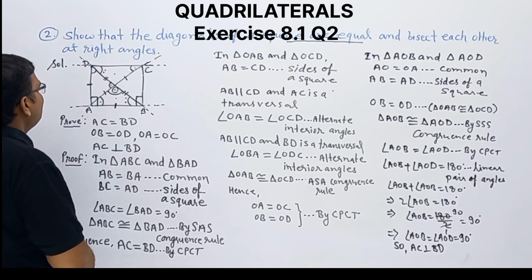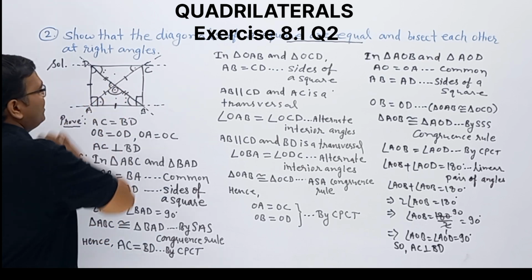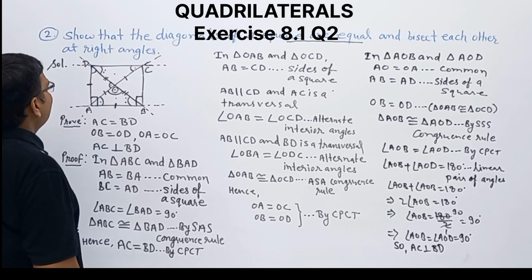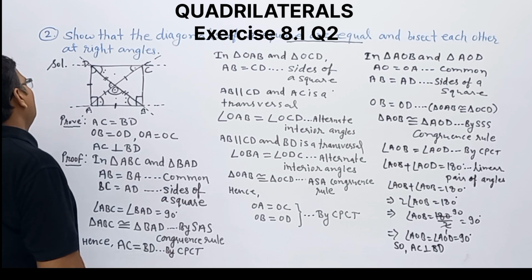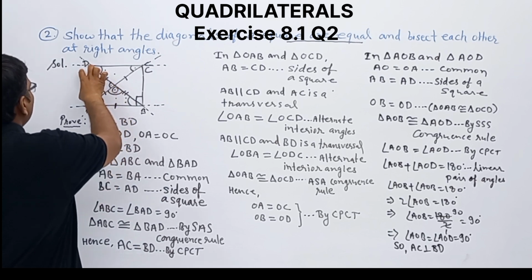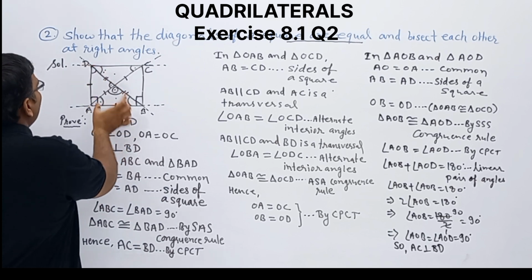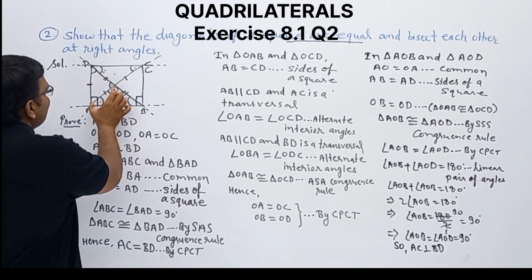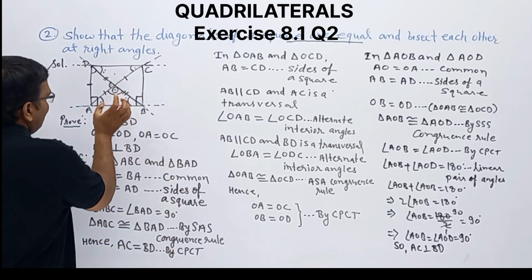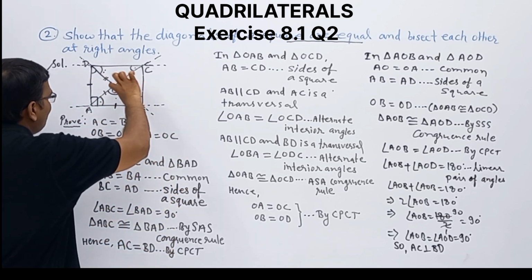So in these two triangles, AO is common. Another thing is that what? AB equal to AD. AB equal to AD because sides of a square, and we already proved that this equal to this one.